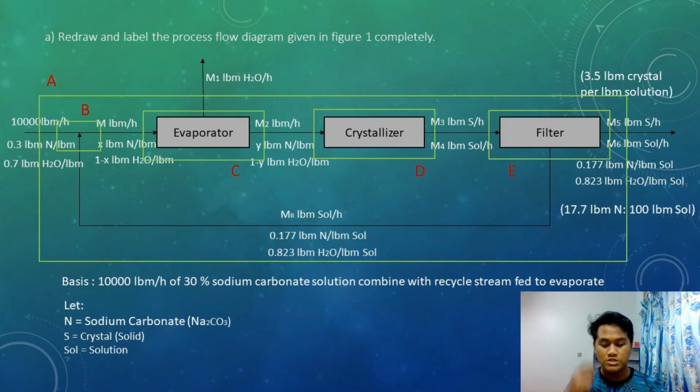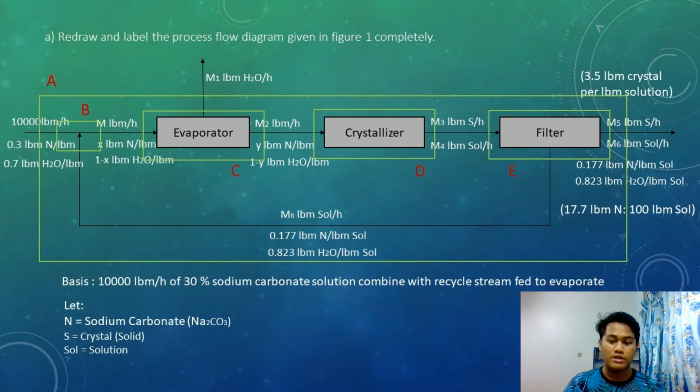In this stream, the solution still remains, because not all of the solution can be converted into crystal. So it is fed into the filter and the outlet of the filter is the same, which are crystal and solution. For this stream, it is given that 3.5 lbm crystal per lbm solution, which means 3.5 lbm crystal to 1 lbm solution.